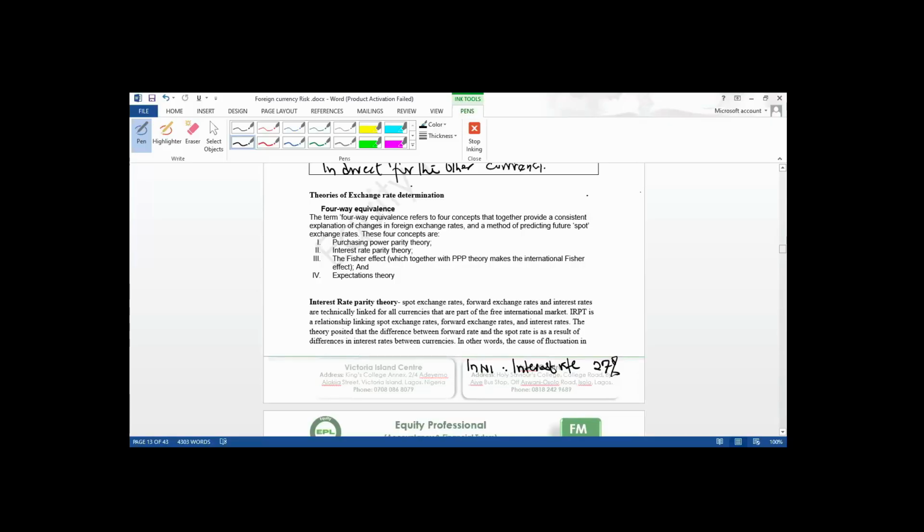We start with the first theory. Interest rate parity theory.